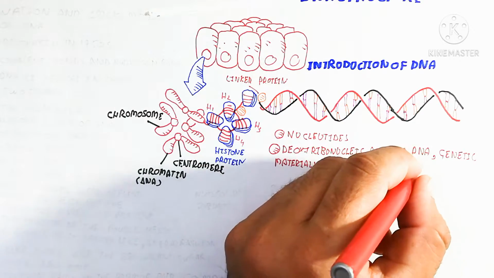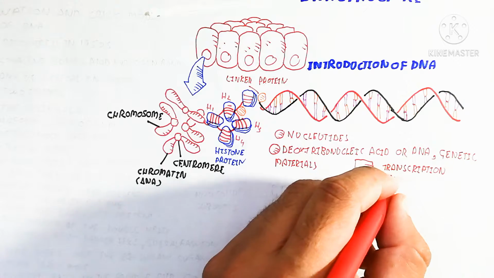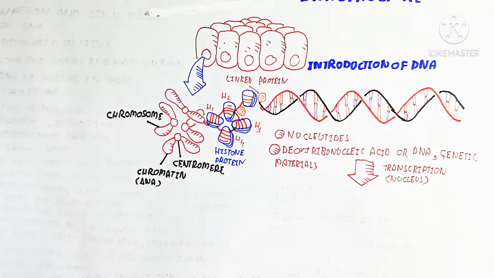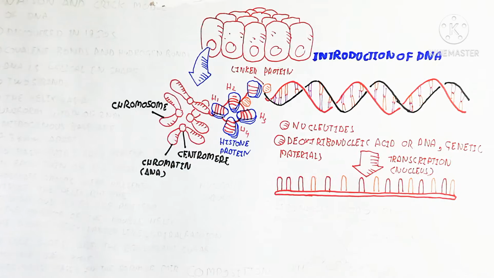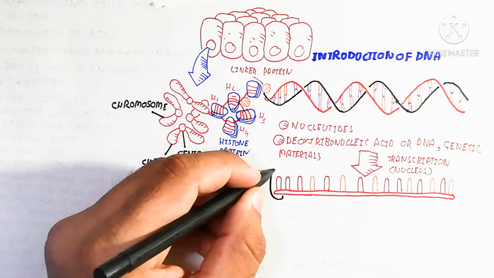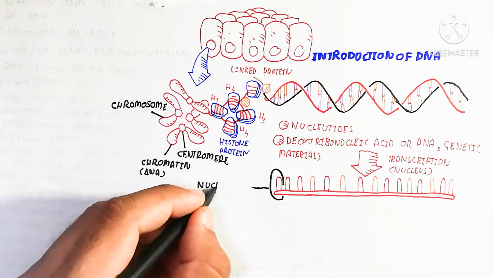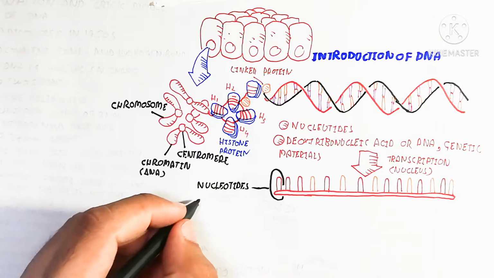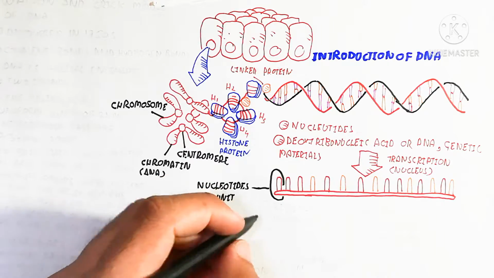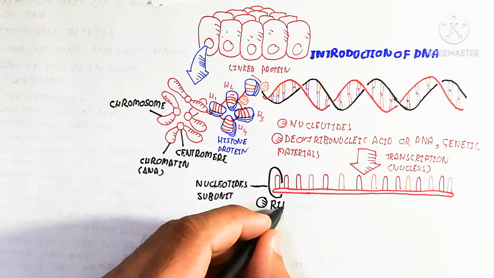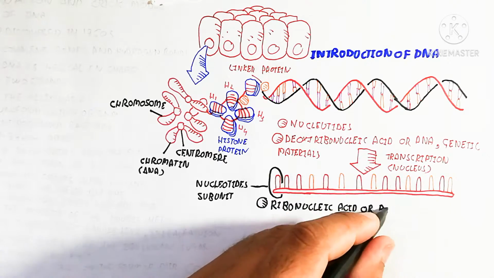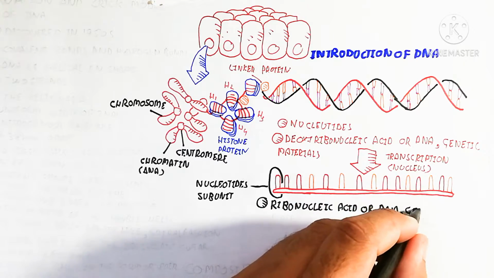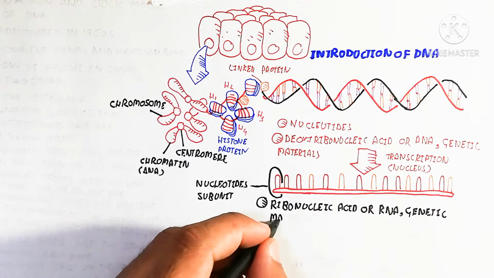So how is it produced as a structural protein? The whole body is produced as protein, and in this manner we will discuss here. So the central dogma of DNA expression, in the form of phenotype from the genotype, is here. That is the transcription in the nucleus to produce messenger RNA, for example. So this messenger RNA contains ribonucleic acid, and the nucleotide subunit is made up of RNA.